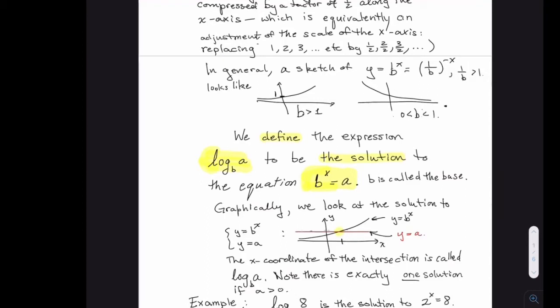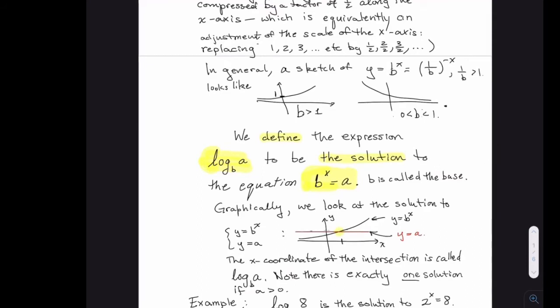So next we define the expression log base b of a. That's just a way to say log base b of a. These things are inseparable. This is one expression which we will define all at once. It depends on two numbers, b and a. And we're just going to define it to be the solution to the equation b to the x equals a.